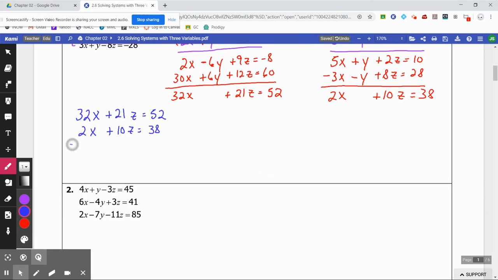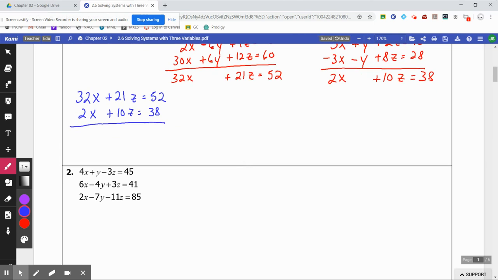And now that I have my equation A and equation B together, you can use substitution, you can use elimination, you can use either, but now I'm down to two equations, and my two equations have two variables, which is identical to the substitution elimination that you've been working. So I believe that I'm going to try to get rid of my x's. So my first equation, I'll leave the same.